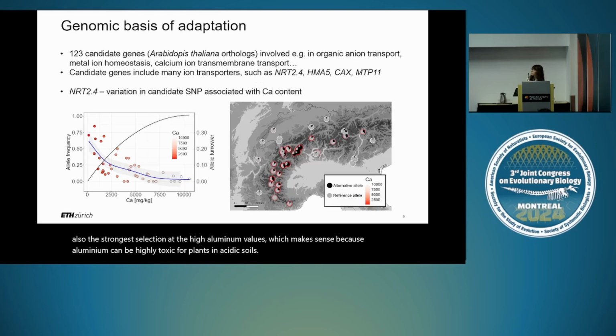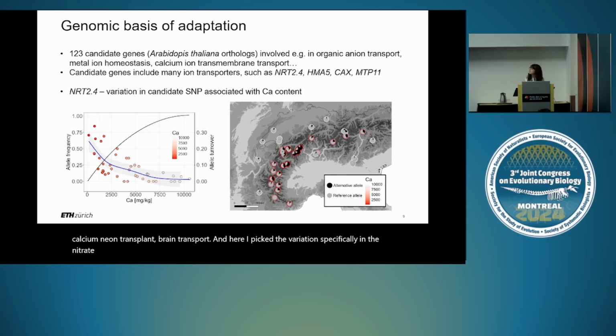Okay, so then we annotated those SNPs to candidate genes. Here we work with the Arabidopsis thaliana orthologs, and we found candidate genes including mainly ion transporters of macronutrients and metals, involved in organic anion transport, metal ion homeostasis, and calcium ion transmembrane transport. Here I picked the variation specifically in a nitrate transporter.